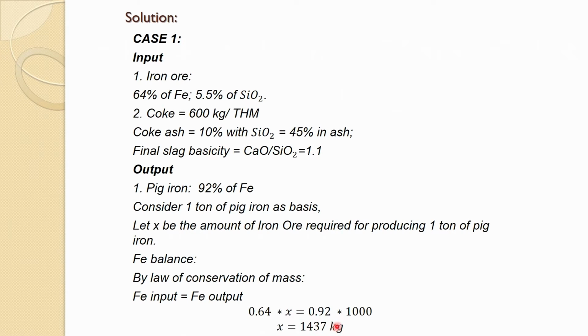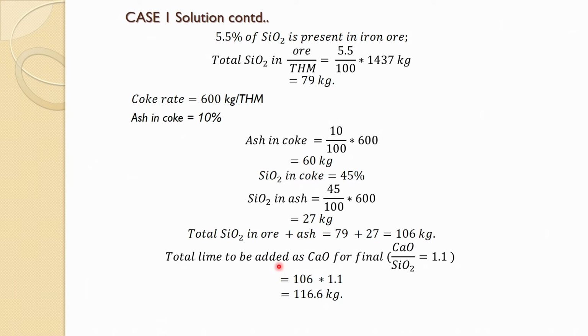Now, once we know this iron ore, we can calculate the SiO2. 5.5% SiO2 is present in the iron ore. So, total SiO2 would be this fraction multiplied with the iron ore needed. So, you get 79 kg of SiO2 which is present in 1437 kg of iron ore.